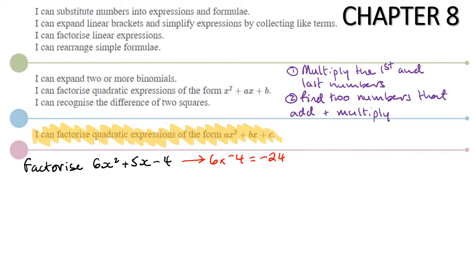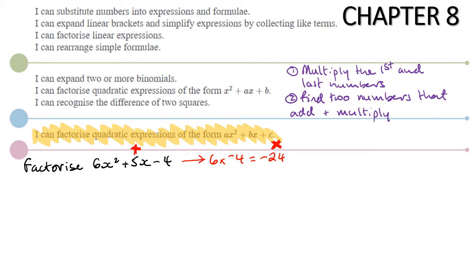Now, before we would have found two numbers that add to give us this number. We'll put a plus sign there, and multiply to give this number. Okay, now it's slightly different. We still look for two numbers that add to give me this here, plus 5, but now we want to find two numbers that multiply to give me negative 24.